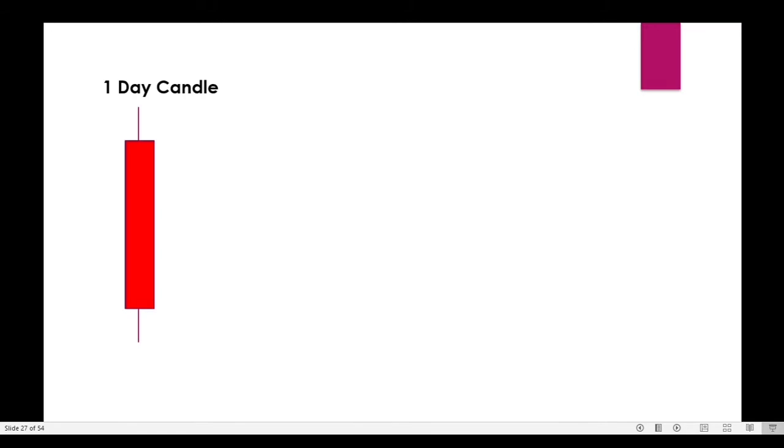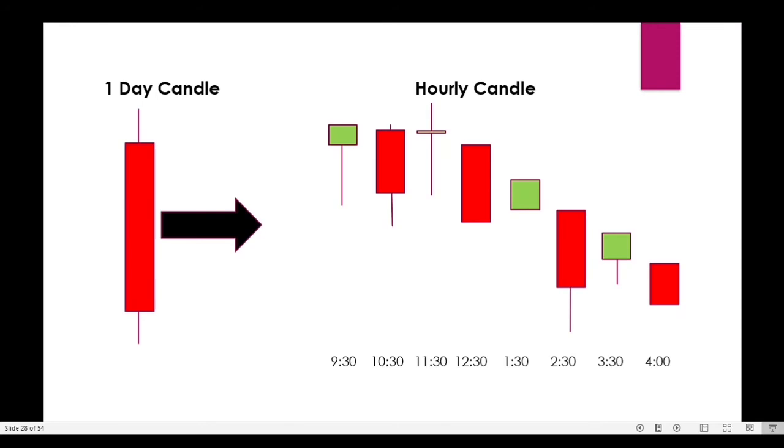For example, this 1-day candle represents a bearish day. But let's take a look at what may happen when we try to break down this candle on an hourly level. So when we take a look at this candle, we can see there was a continuous battle between the bulls and the bears.